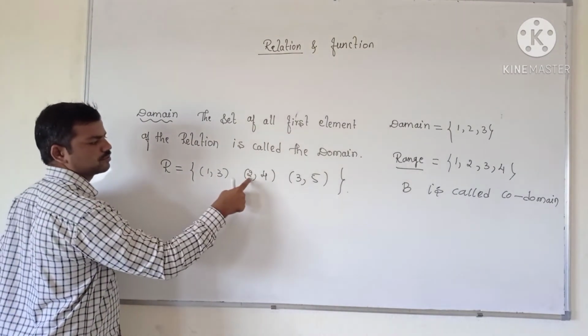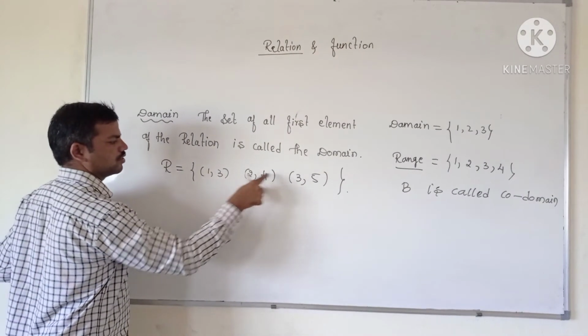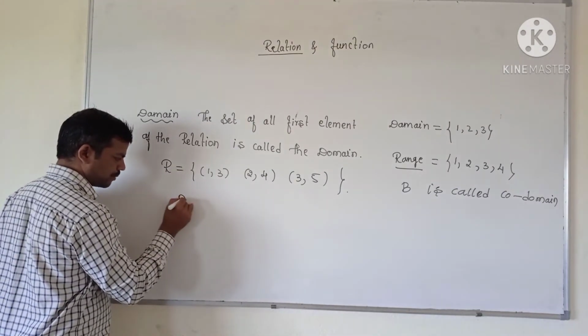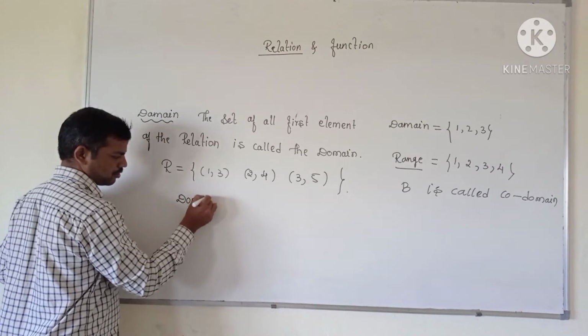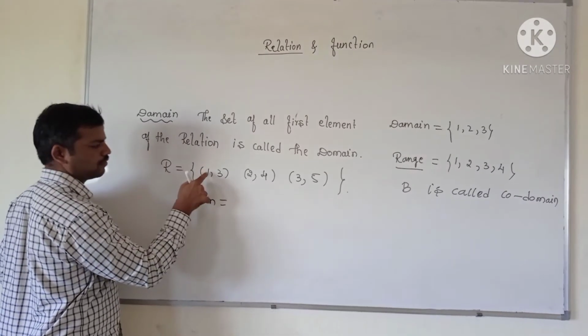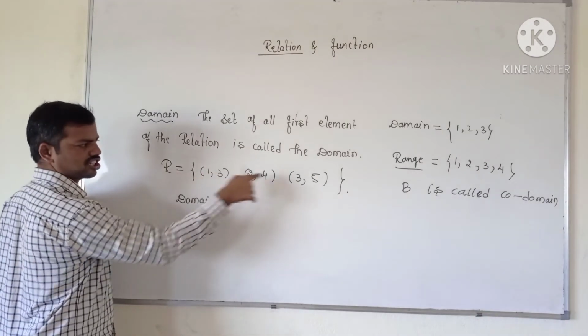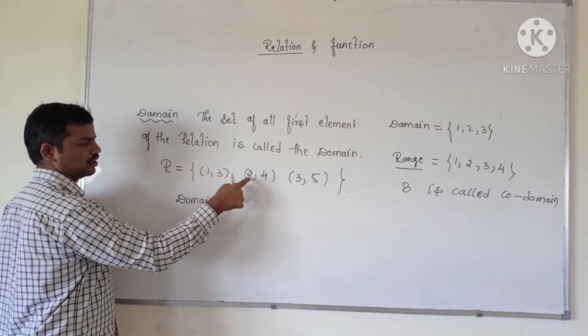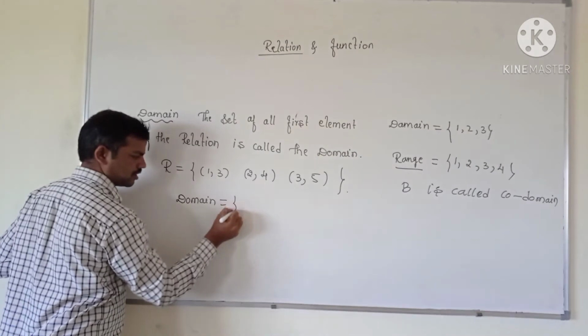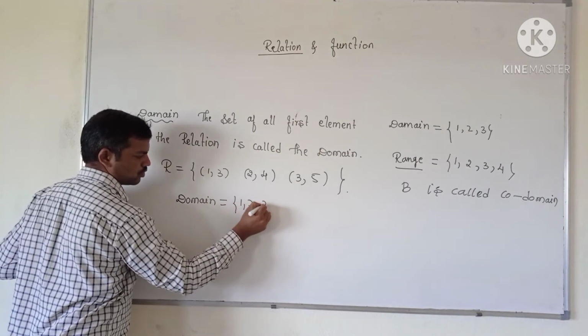The collection of all the first elements. Domain is indicated by D, or we can write domain is equal to the collection of first elements, which is 1, 2, 3.